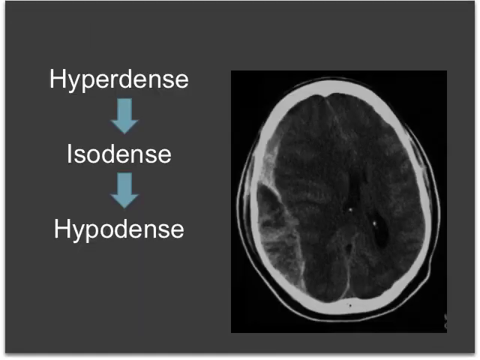Then I would move on and talk about how the density of blood changes with time within the brain, and this one happens to have both hyperdense, isodense, and hypodense components, and I can talk through that.